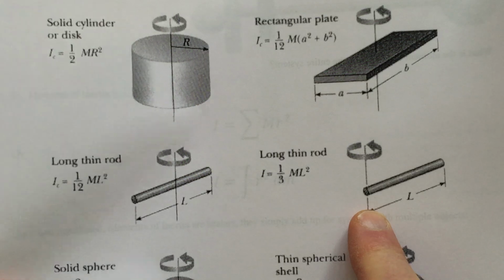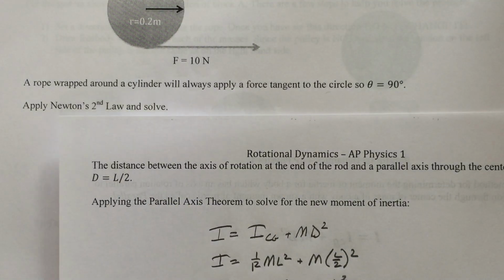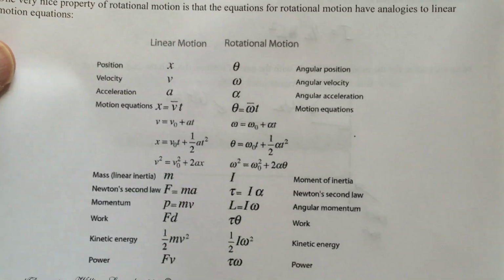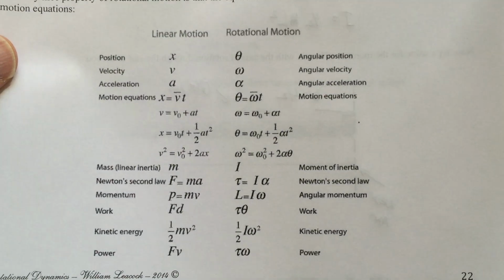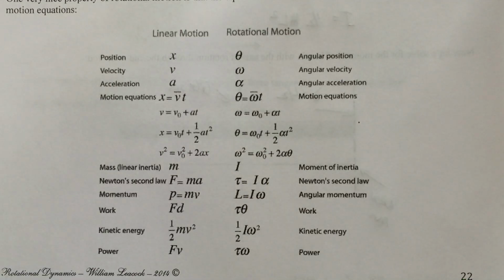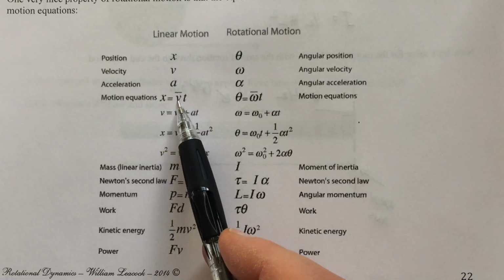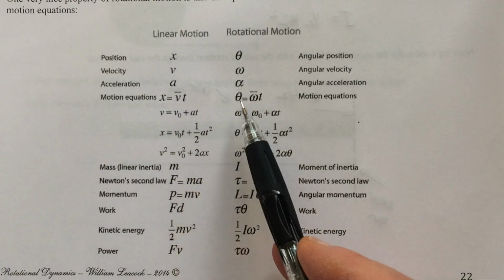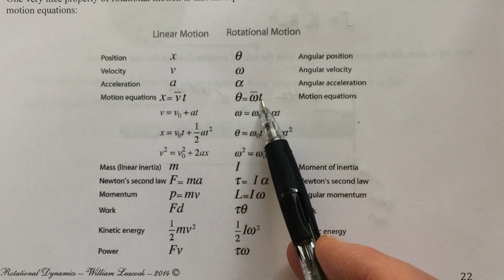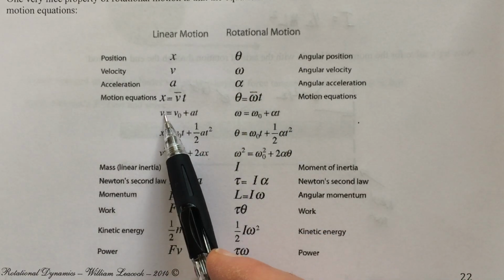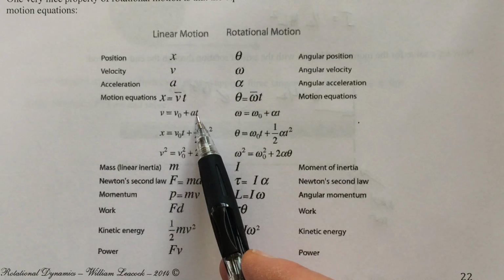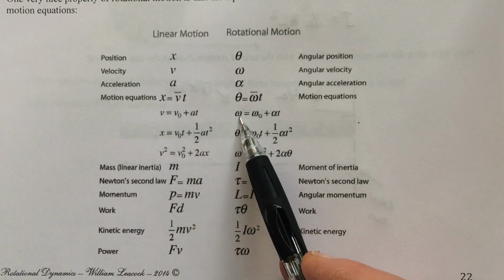Works out perfectly. Now, another nice thing about all the equations for rotational motion is that they correspond precisely to the linear motion equations. For example, your linear position is your average velocity times your time. Your angular position is your angular velocity times your time. Final velocity equals your initial velocity plus acceleration times time.